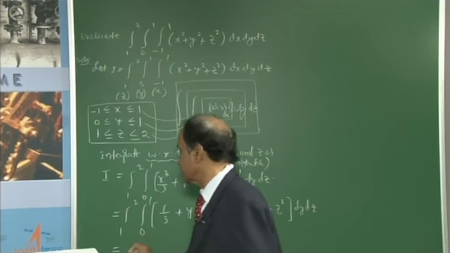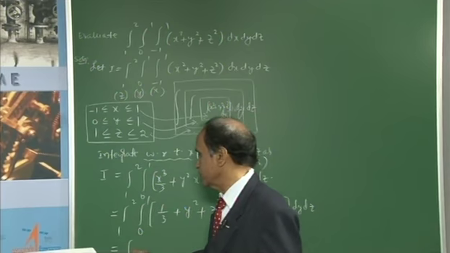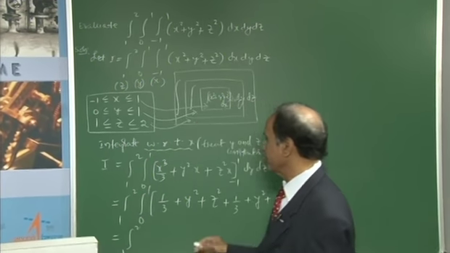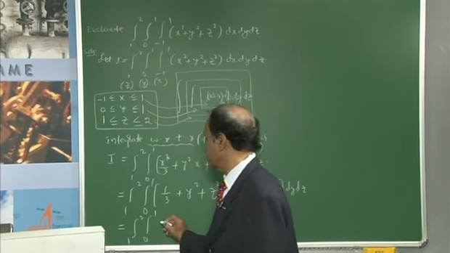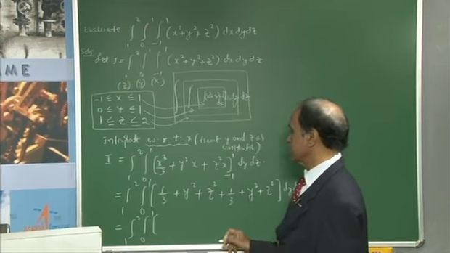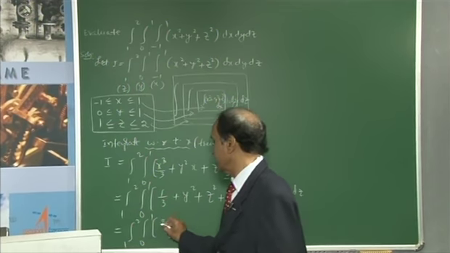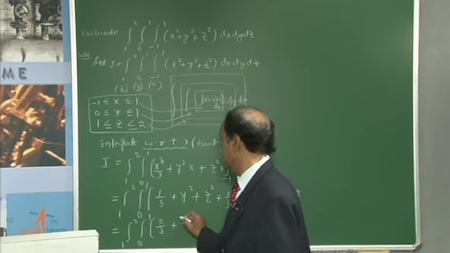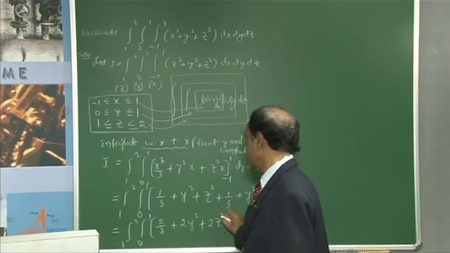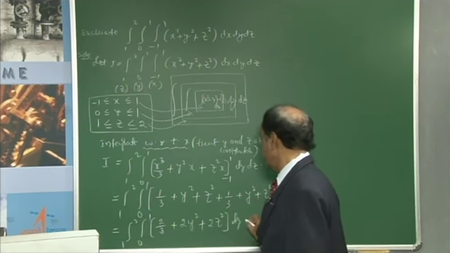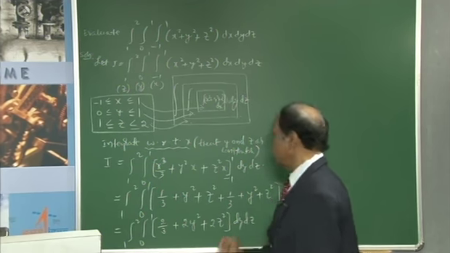Further, this is equal to the integral from 1 to 2, then 0 to 1. You can do some simplification here before going to the next integration: 2 by 3 plus 2y square plus 2z square, with dy and then dz.